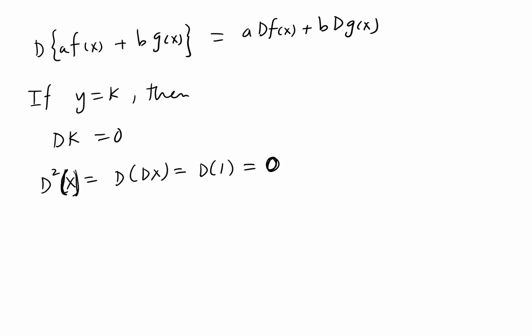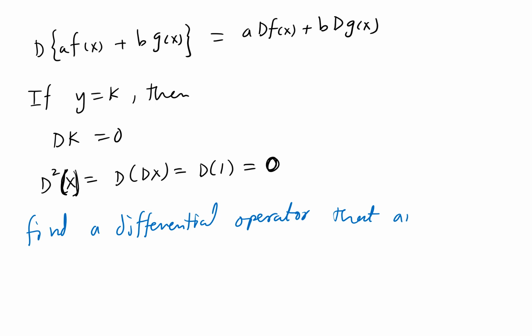If we would like to find a differential operator that annihilates the function 2 minus 6x squared plus 3x cubed, how do you do that?